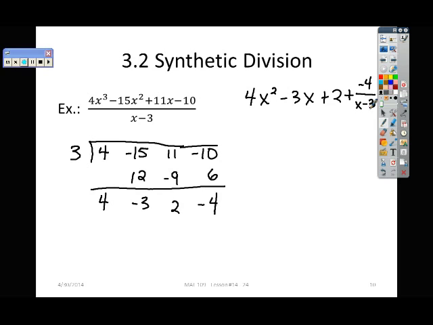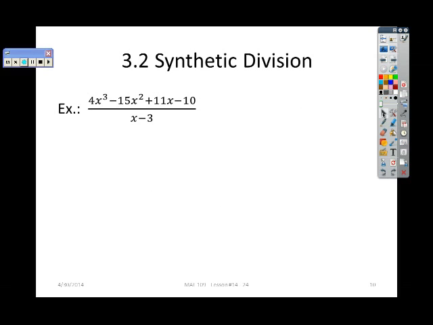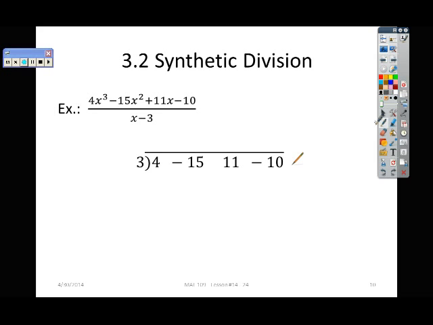Okay, so that's the technique. The long way would be to do this: 4x cubed, and then x into that is 4x squared, multiply, that long way. You don't want to do that.